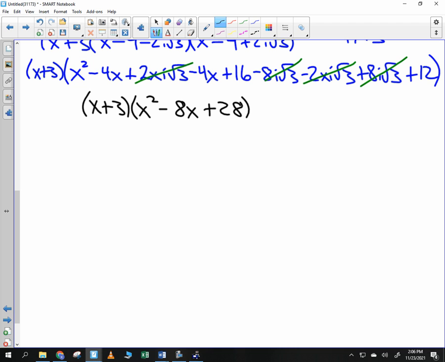Let's finish this off. We now multiply these two together. We start with the x. x cubed. Then move on to the 3x squared, minus 24x.